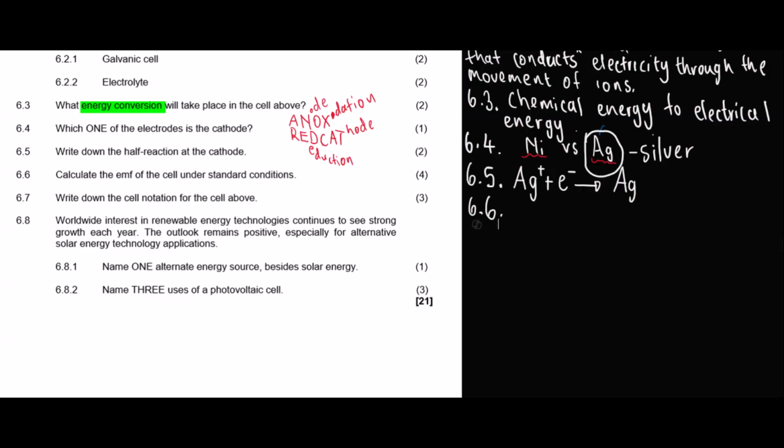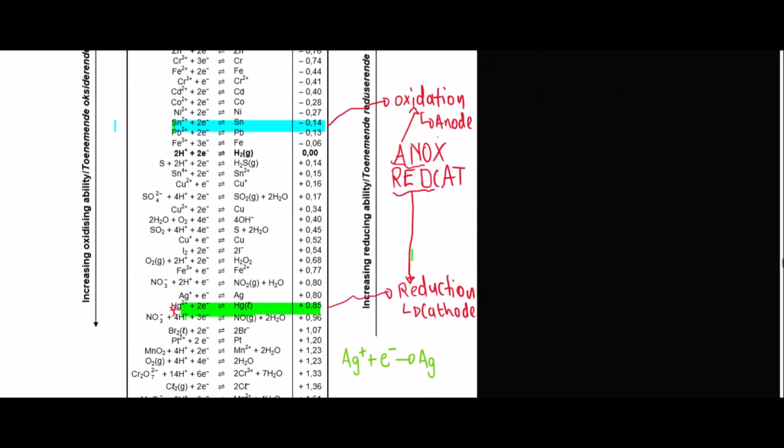6.6. The question is saying that we need to calculate the EMF of the cell under the standard conditions. So for us to do this question, for 3 to 4 marks, we mainly just have to make use of the formula.